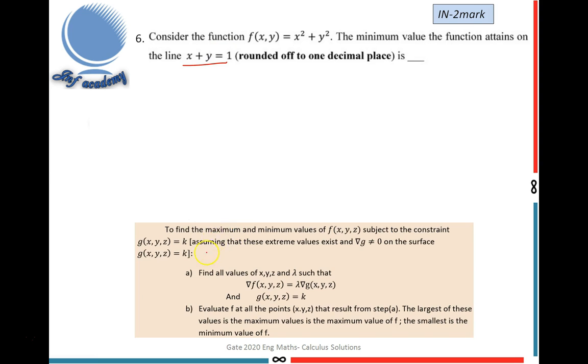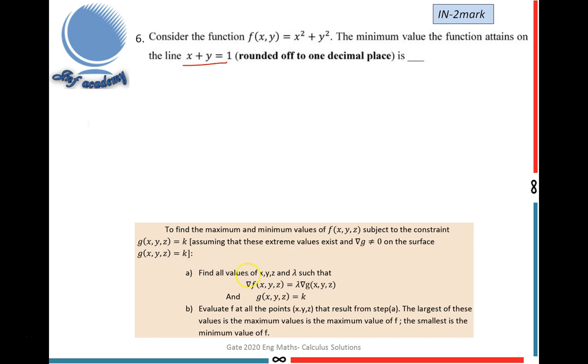The method is to find the maximum and minimum values of f of x, y, z. A 3 variable function is also possible; here a 2 variable function is given. F of x comma y comma z subject to the constraint g of x comma y comma z equal to k, assuming that these extreme values exist and del g is not equal to 0 on the surface g.